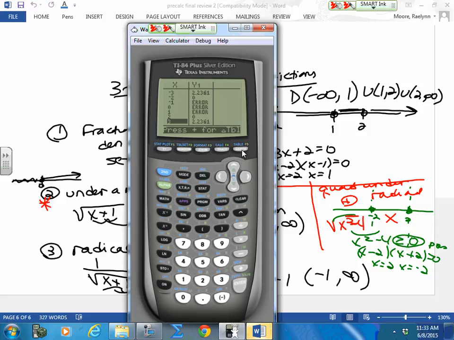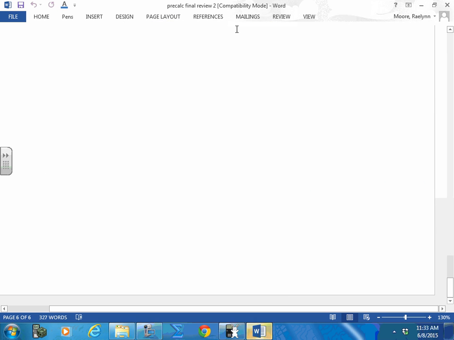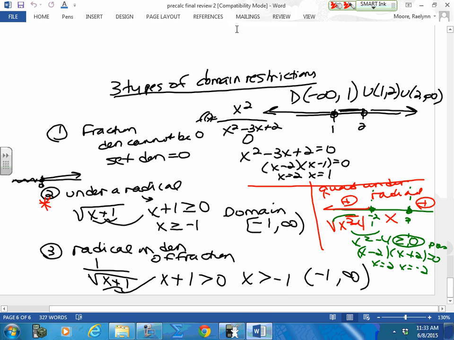When my table is to the right of 2, my values are positive. Remember, sometimes it dips into the negative, right? And we can't use the negative. This time I only want the positives. So therefore, I want this and this. So my domain here would be -infinity to -2 or 2 to infinity.